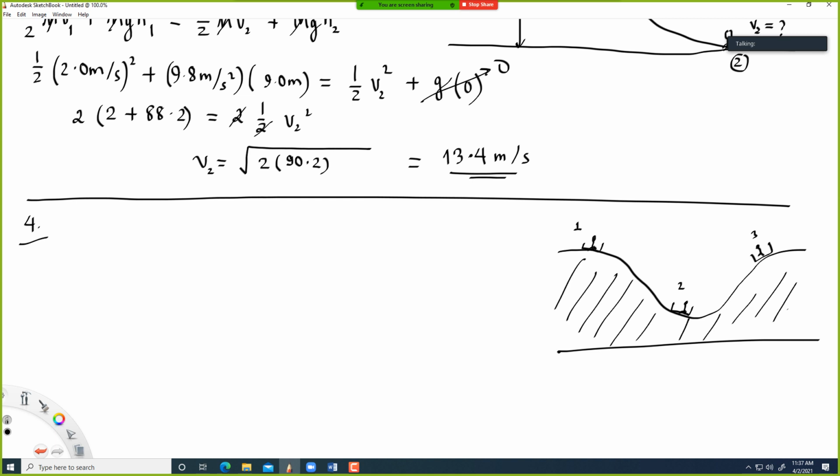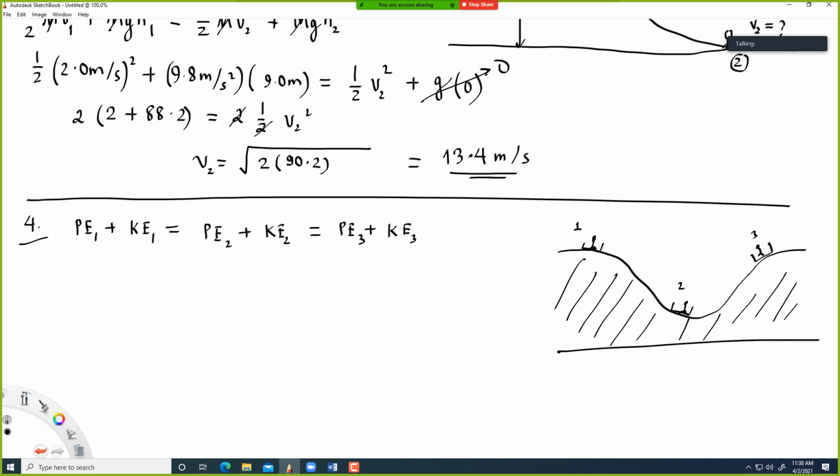So that means potential energy plus kinetic energy at 1 is equal to potential energy plus kinetic energy at 2, which is also equal to potential energy plus kinetic energy at 3. Conservation of energy.